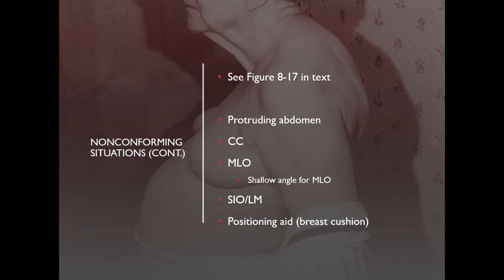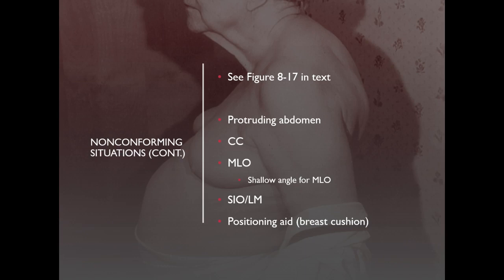Sometimes if they're very steady on their feet, you can have them stand and lean in so that they leave the belly behind and lean the chest in. These are also patients that you're going to do a shallow angle for your MLO. And so there's just different ways that you're going to try to get as much breast tissue on as possible.